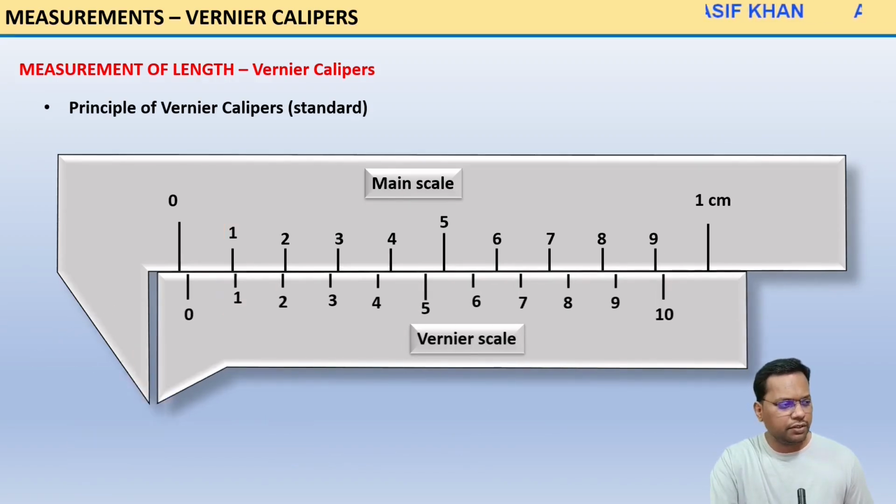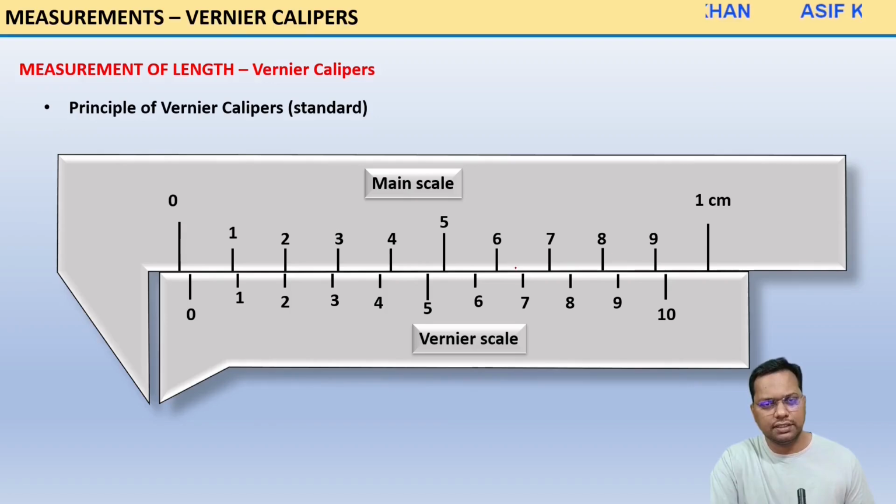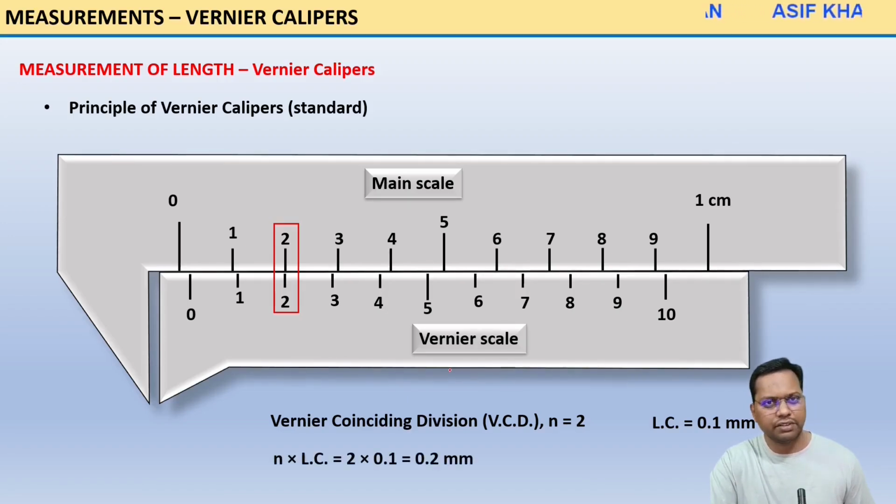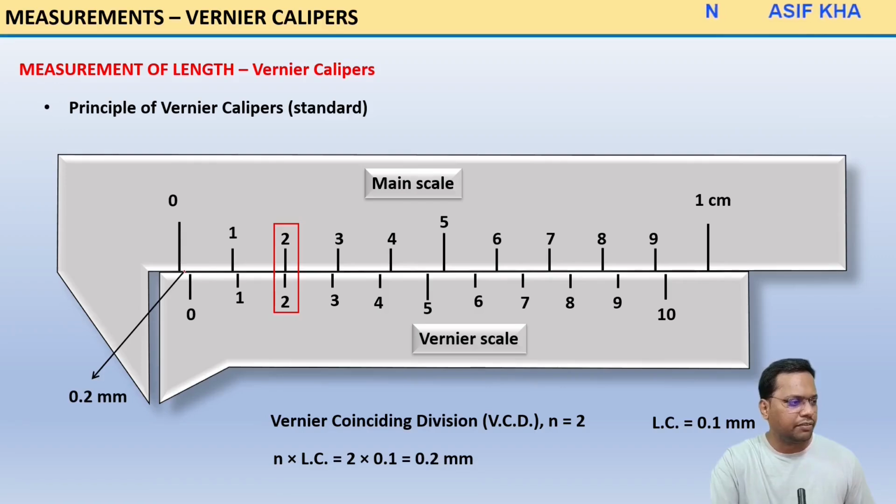Now if we open further such that the second line is coinciding exactly with the second line, the Vernier coinciding division is 2 and the least count is 0.1 mm. Therefore, the reading, or the gap between the two jaws, is 2 into 0.1, that is 0.2 mm. So the gap between the two zeros will be 0.2 mm, and the distance between the two jaws will be 0.2 mm.